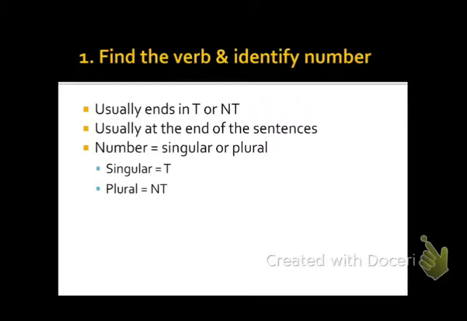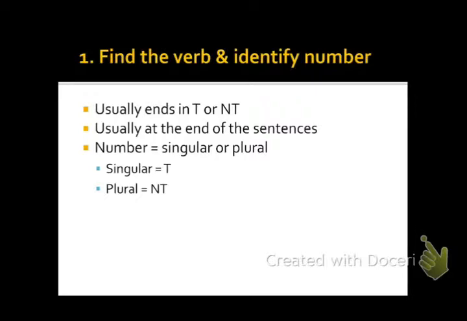If there's just one thing, one person, one idea, whatever a noun is, it ends in T and it's singular. Note there's one letter for singular. And if there's more than one person, place, thing, idea, as the subject, it's plural, it ends in NT. Notice the plural has plural letters.